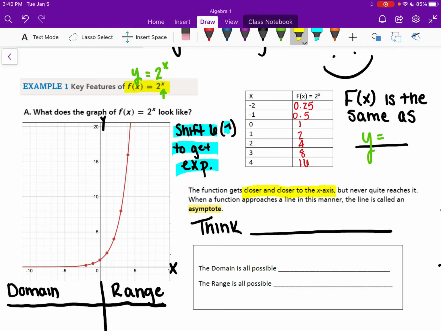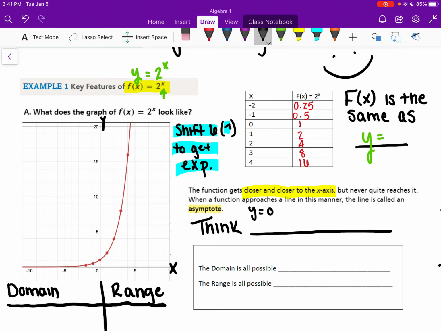It's kind of just floating right above it, as if there's an invisible line underneath it that we can't touch, like the x-axis is an invisible line. We would call that line y equals 0. You'll need to know that. And we're never going to touch it.